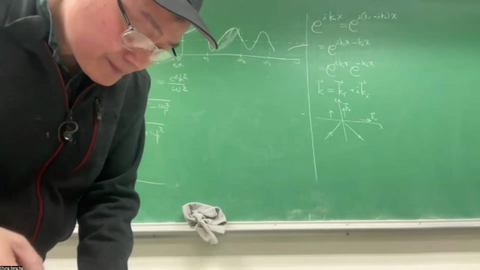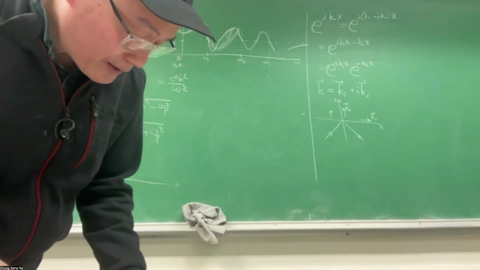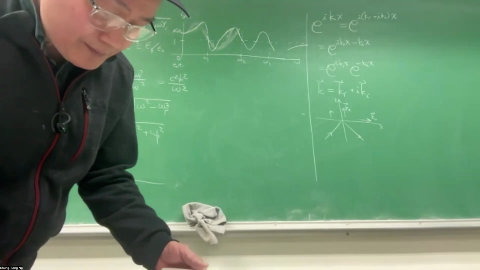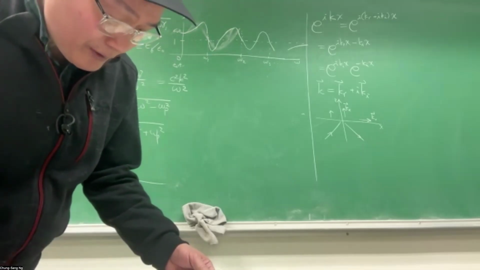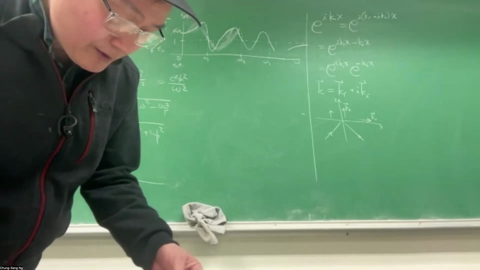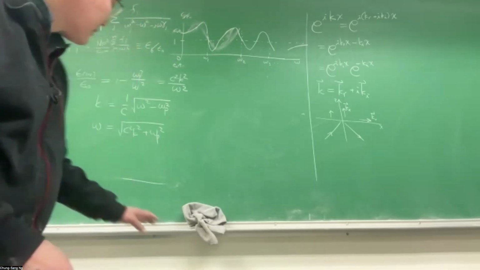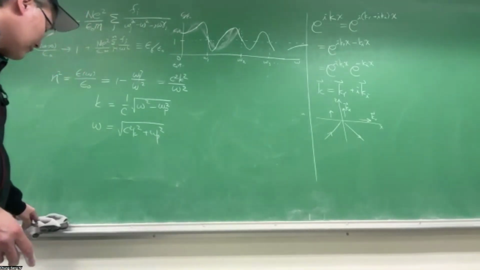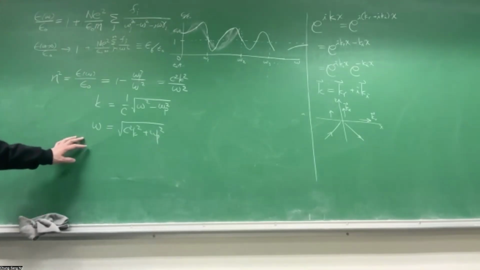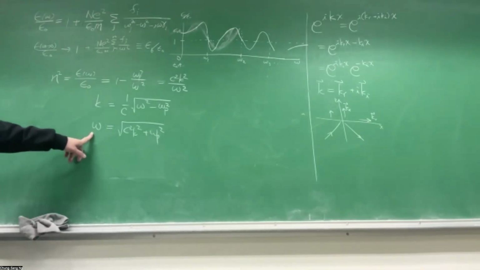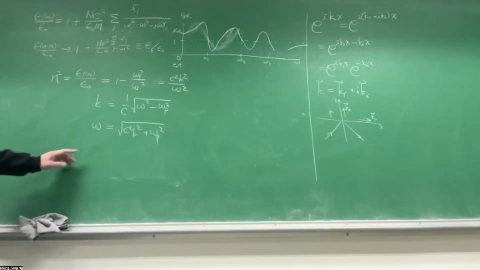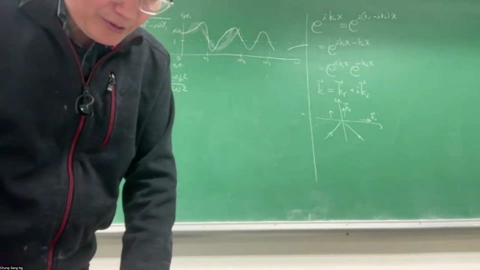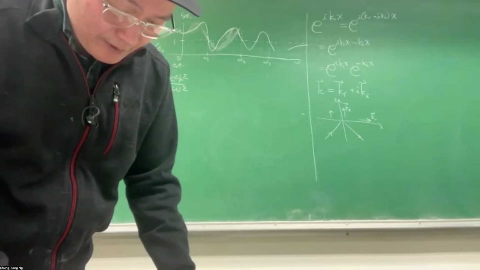That allows you to do some other calculations which we haven't talked about yet. Later on, in section 7.8, we'll talk about the group velocity. The group velocity would be d omega dk in this case, and with this kind of dispersion relation you can do the derivative quite easily.